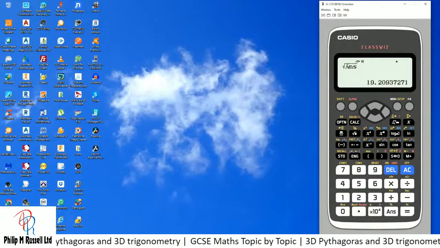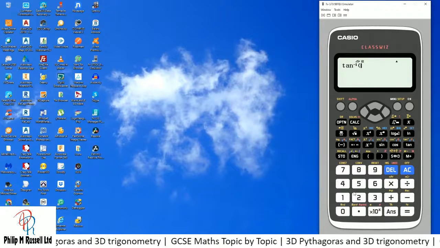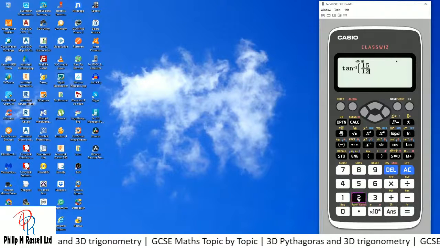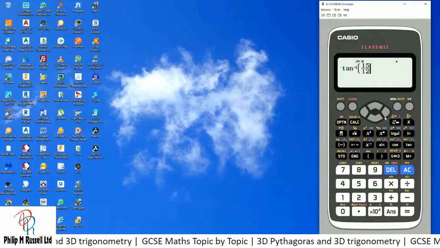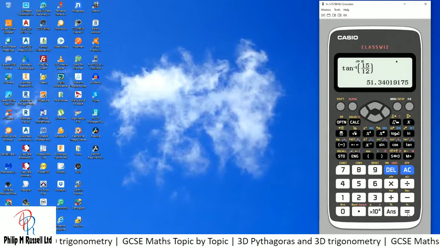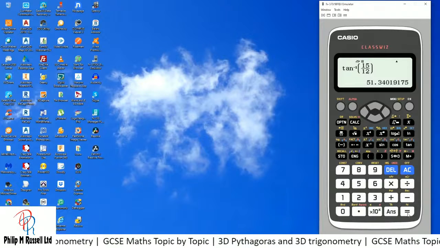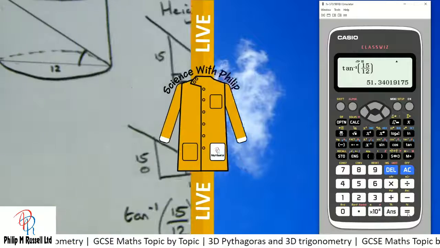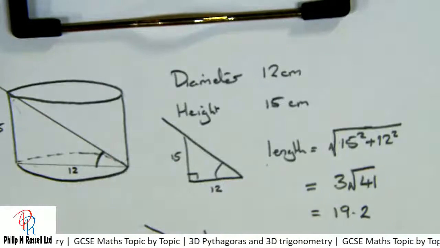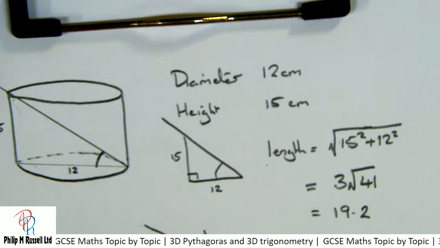And so here we go. Shift tan of 15 divided by 12 gives me an angle of 51.3 degrees. And what looked like a more difficult problem actually was something a little bit simpler.